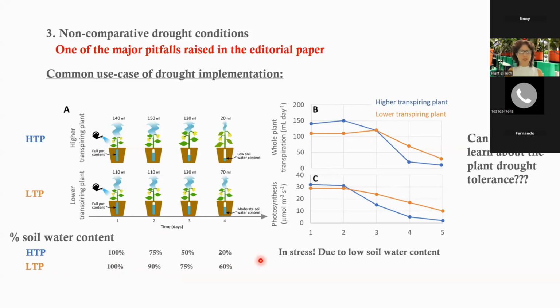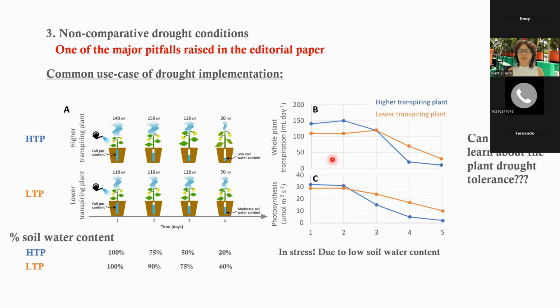So what do we actually see in these graphs? We see that the blue one, the high transpiring plant, came into a stress situation very early in the process. Already on day 3, it was under stress. But was it under stress for the right reason?